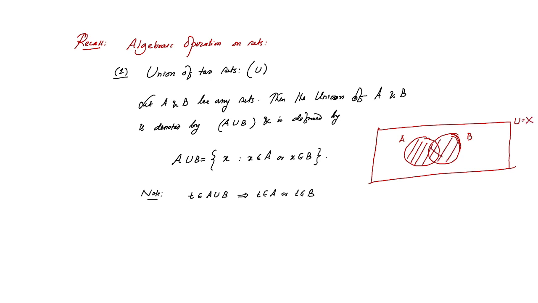So the whole place is called the union. This is basically A union B. That part as well as that part. So this whole part is basically A union B.